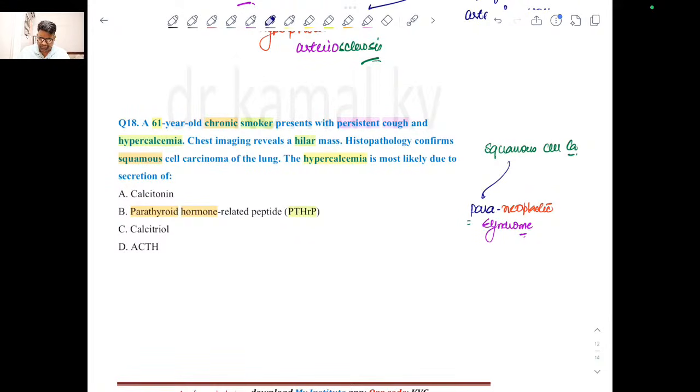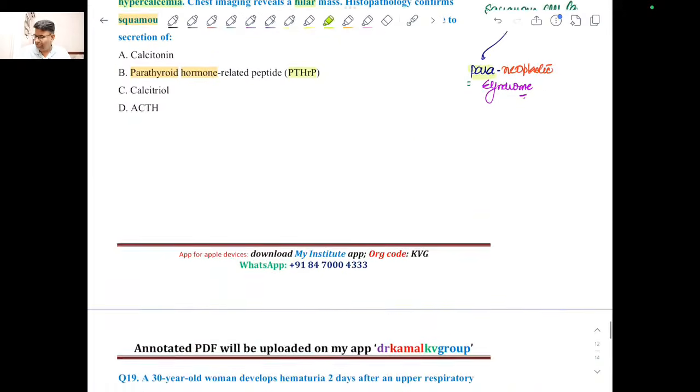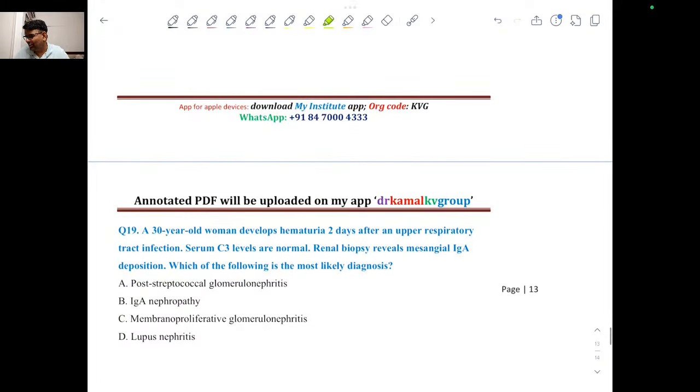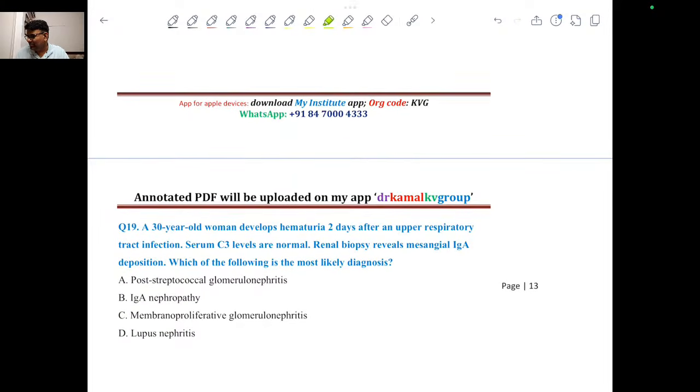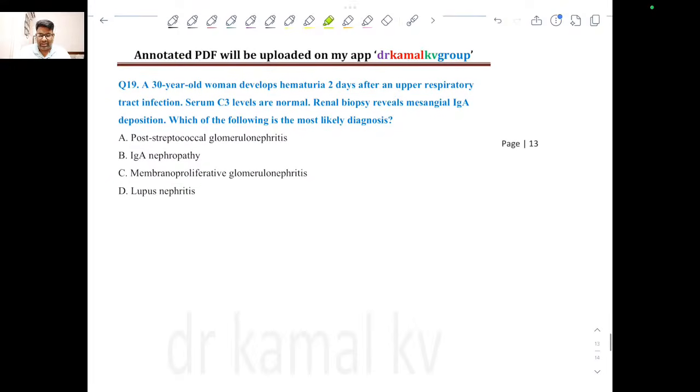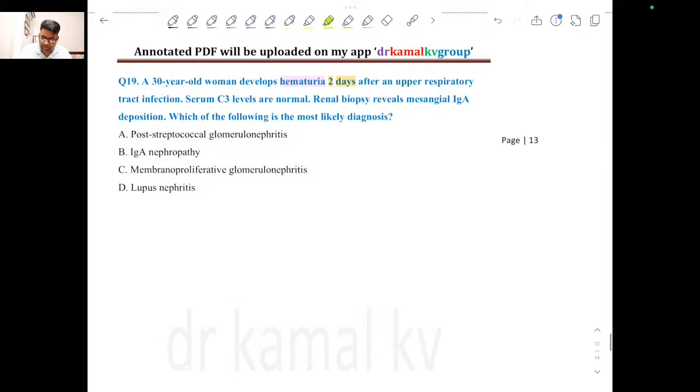Very good, Bhuvana. Right. So this is just something related to paraneoplastic syndrome. So you should know that. Yes, different varieties of lung cancer have different syndromes. Now, a 30-year-old woman develops hematuria, that is blood in the urine, 2 days after an upper respiratory tract infection.